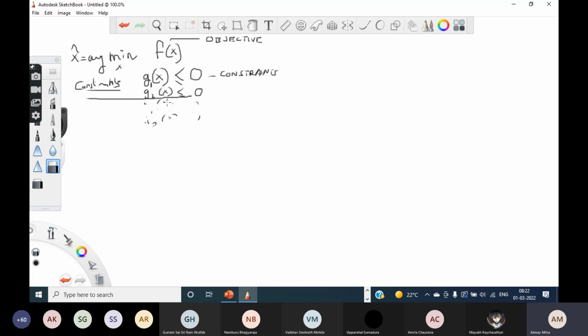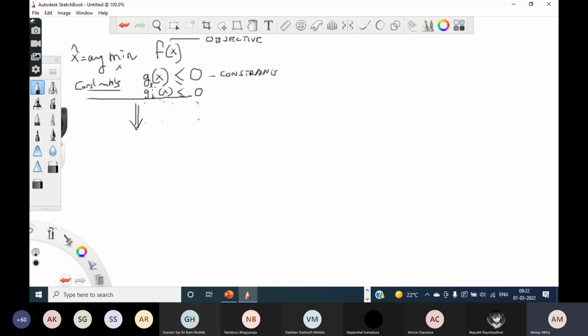Now, we already have an objective function. What we will do is absorb the constraints into that objective function.